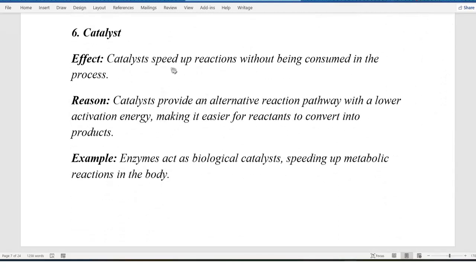So in catalysts, we are talking about also another factor that speeds up chemical reactions or that affects the rate. So where you have a catalyst, the reactions increase. Of course, we know that these catalysts are not taking part in the chemical reactions, but they help to speed up the chemical reactions.